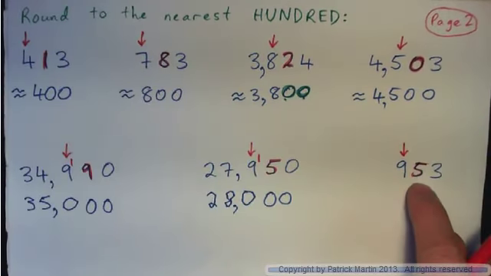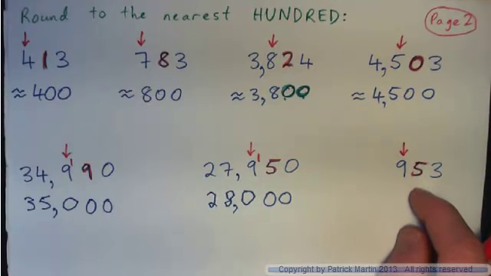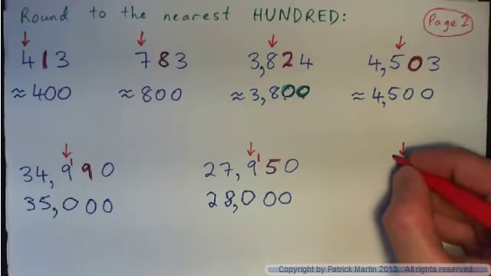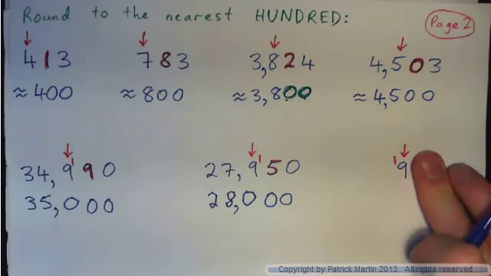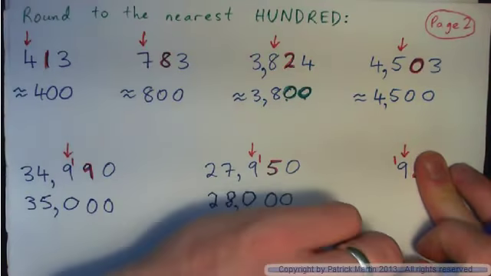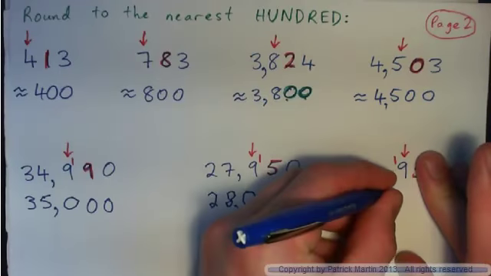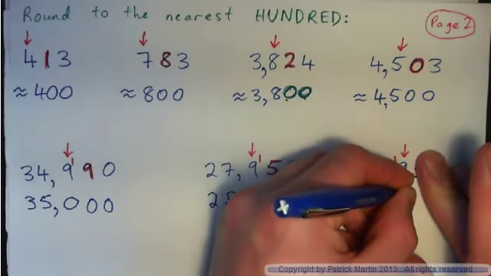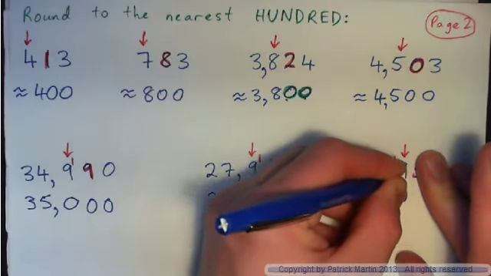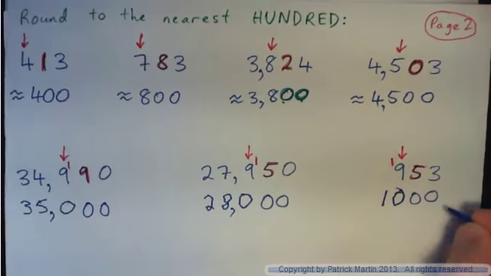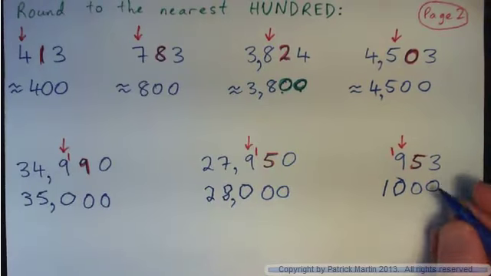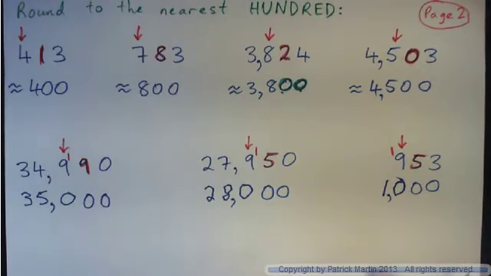Again, if it's 5 or more, you got to round up. So I've got to add a 1 onto 9. What's 1 plus 9? 1 plus 9 is 10. So the 9 becomes a 10, and everything else is zeroed out. So I have 1,000, right?